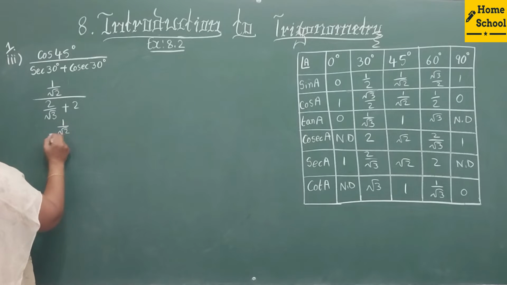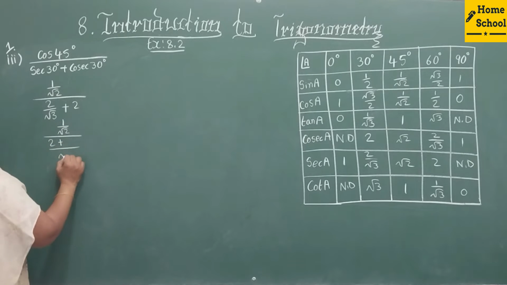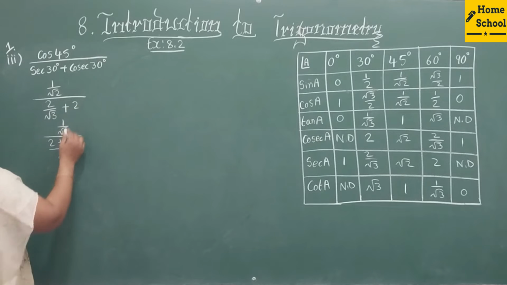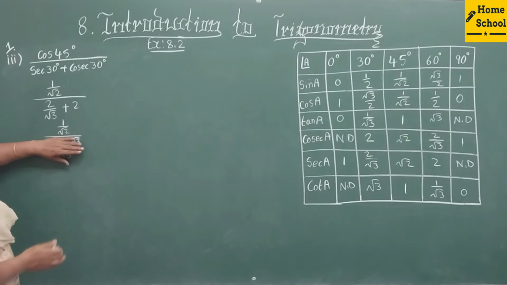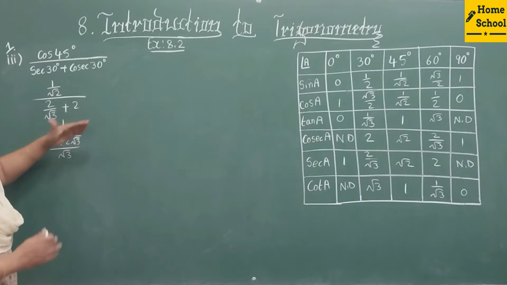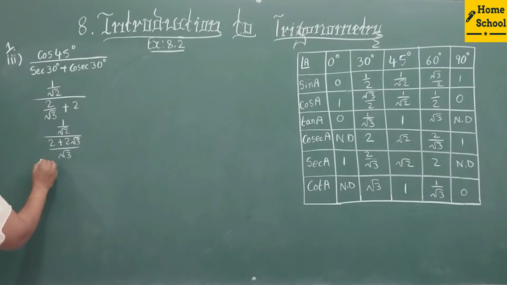Now in the denominator, do LCM: 2 plus root 3 will have this root 3 multiplied for 2, 2 root 3. Now bring this ratio to the numerator by doing the reciprocal and then multiply.